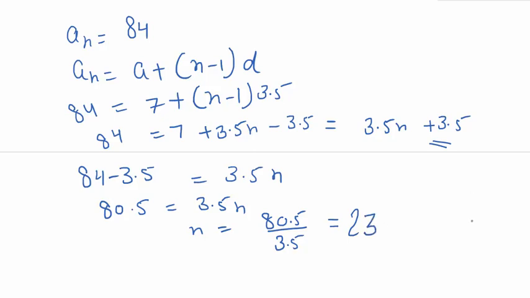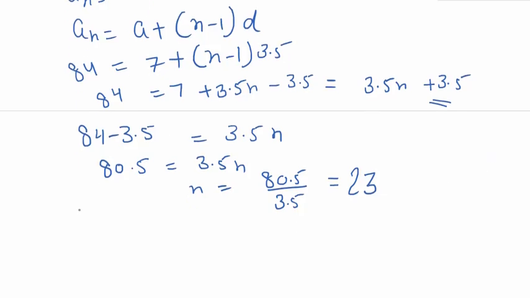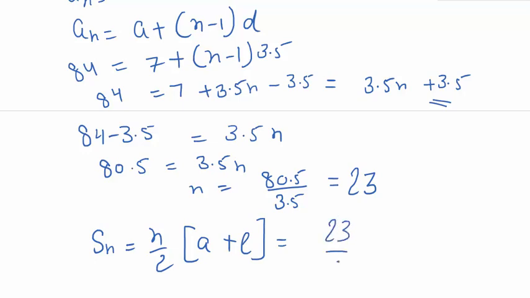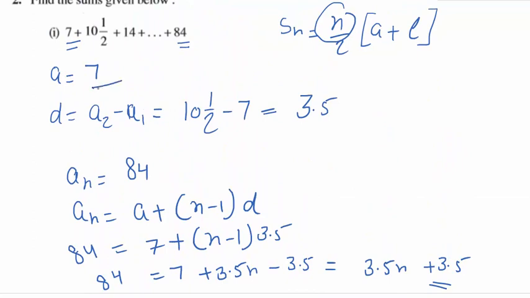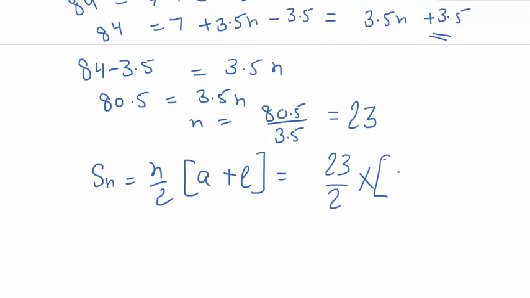We have found the value of n, but we are asked for the sum of the n terms. Sn will be n by 2 into a plus the last term. n is 23, and the first term a is 7 and the last term is 84.